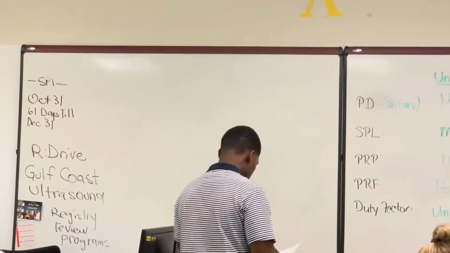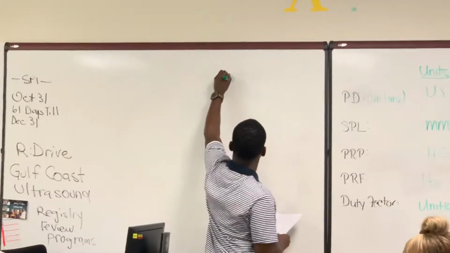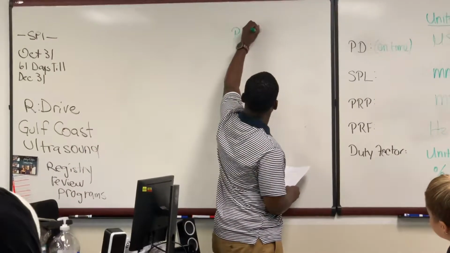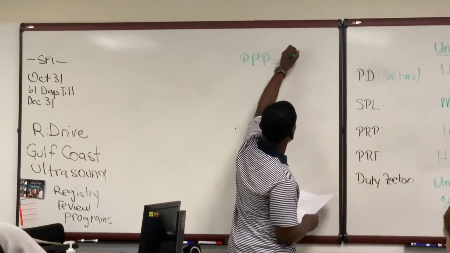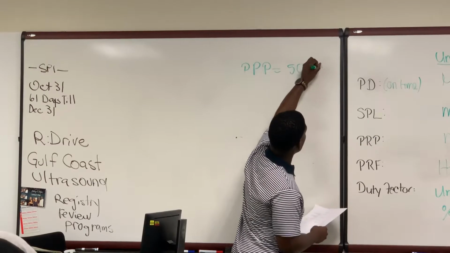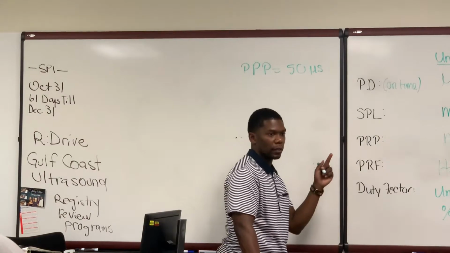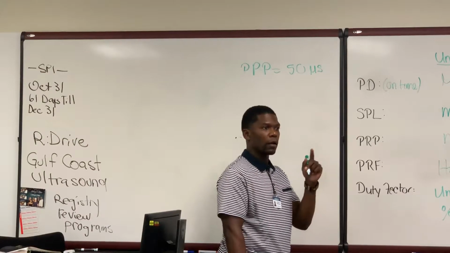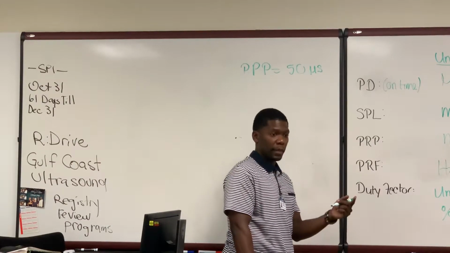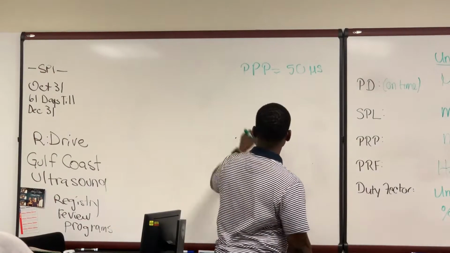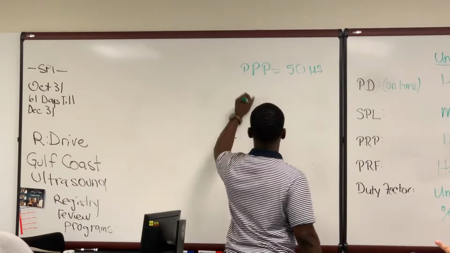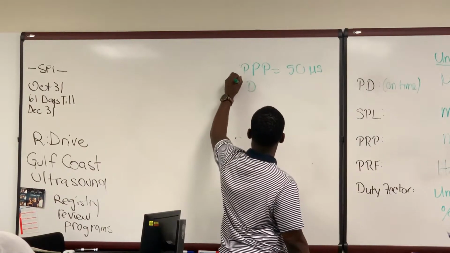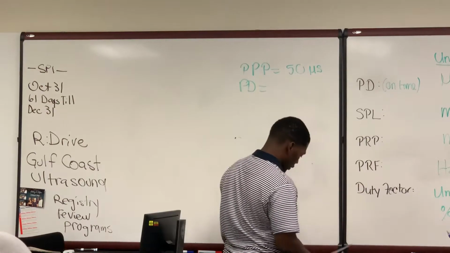All right. So let's say our PRP is 50 microseconds. Remember, PRP is determined in time. And let's say our pulse duration is also in time.